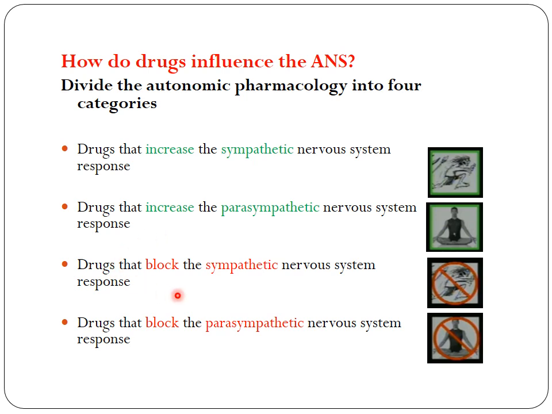The third are those drugs that block the sympathetic, and the last group are those drugs that block the parasympathetic. So we have sympathetic stimulators, parasympathetic stimulators, sympathetic blockers, and parasympathetic blockers.